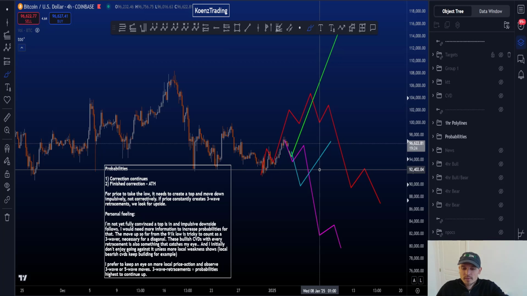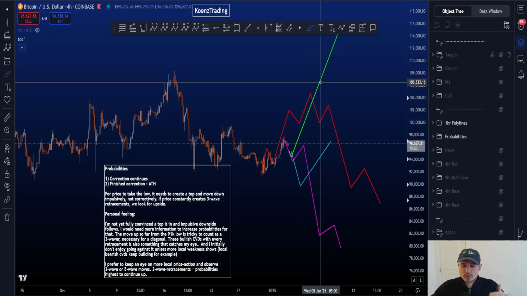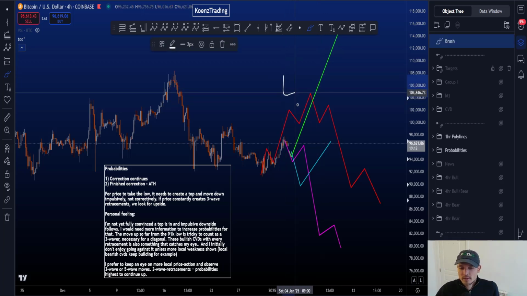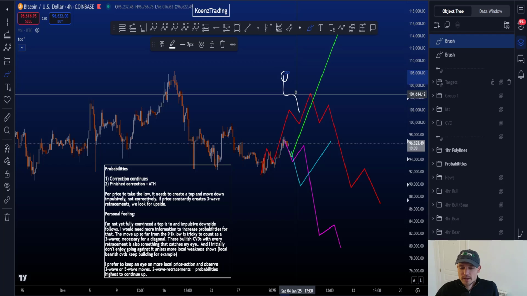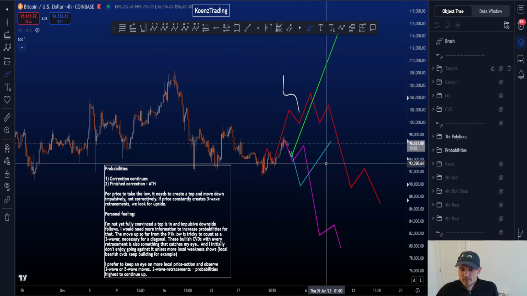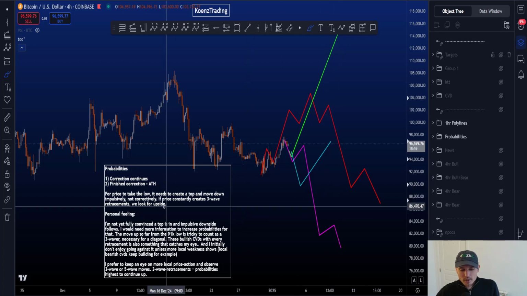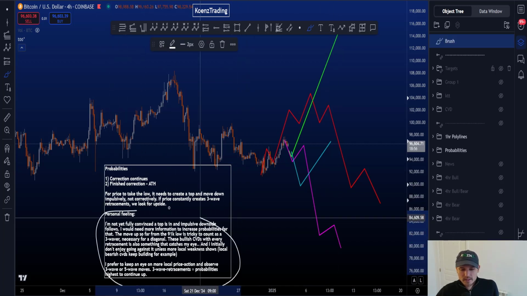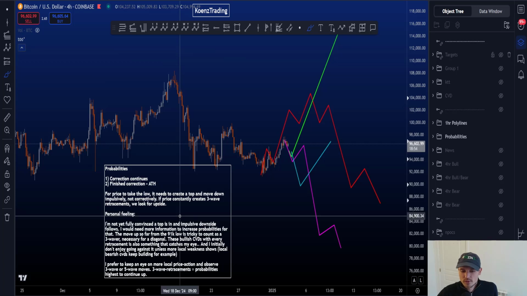But even after you hit 99 to 100K, for the green line to increase in probabilities even more than the corrective probabilities for a continuation of this range, you need every range after a new high is made to be a three-wave structure. So that is of course something that we will look for here on YouTube with all the videos I make.